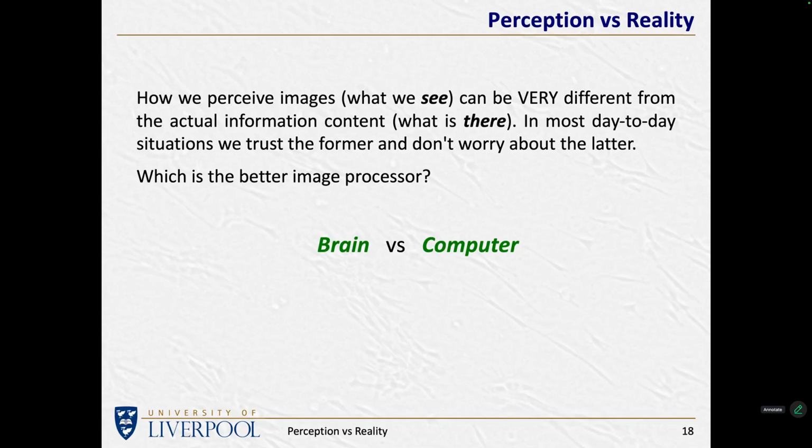But bear in mind that they're both computers. A brain just happens to be a computer made of carbon, and what we normally call a computer is a computer made of bits of silicon. So we could ask, which is the better image processor? Stuff made of carbon or stuff made of silicon? And the answer is, well, it depends.